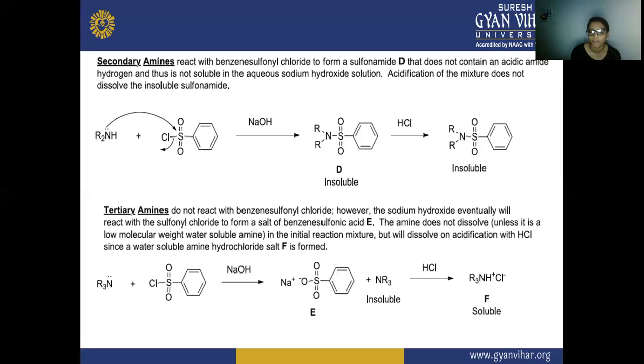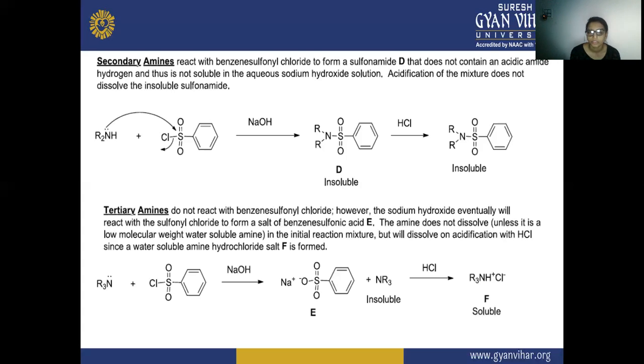After the formation of this benzene sulfonic acid, there is acidification, and the amine will dissolve on acidification with HCl, and a water soluble amine hydrochloride salt is formed here.